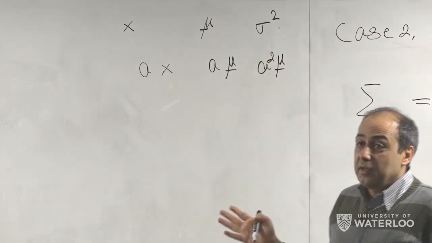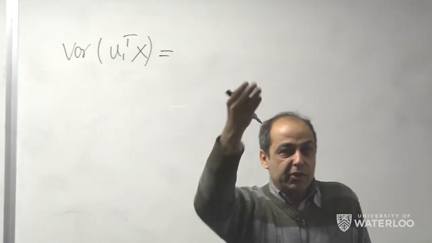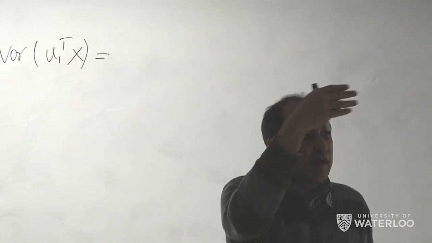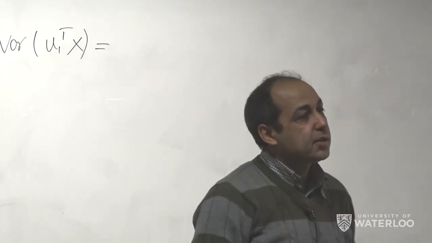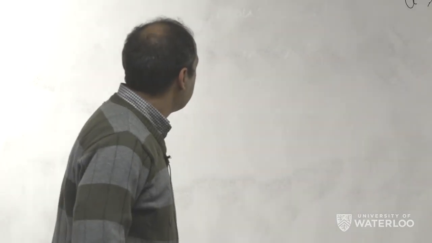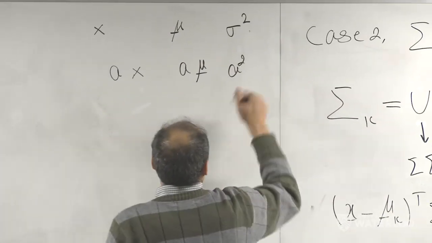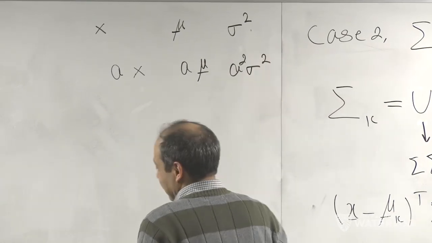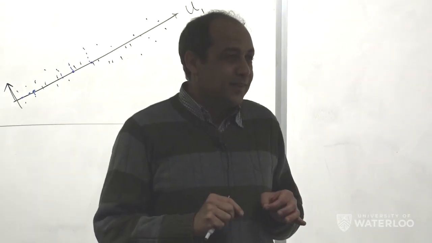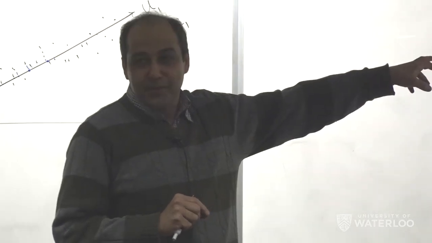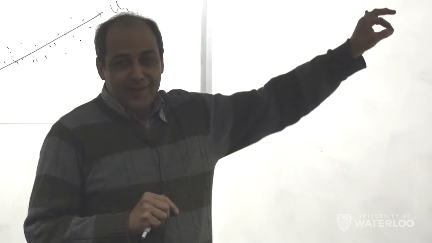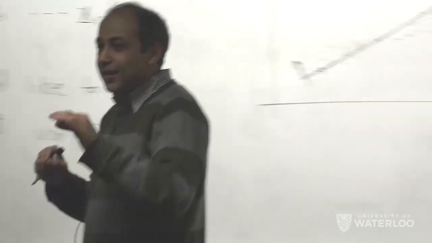So that's general. When you have a linear transformation of data, the mean will change linearly, but the variance will change quadratically. A squared sigma squared. Thanks. I always make mistakes, so be careful.